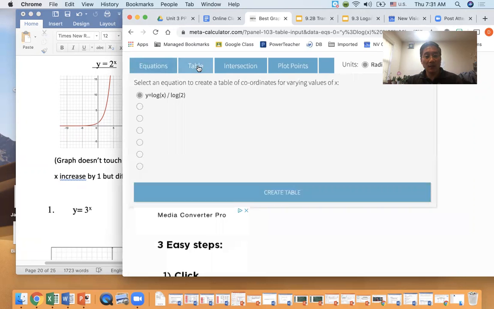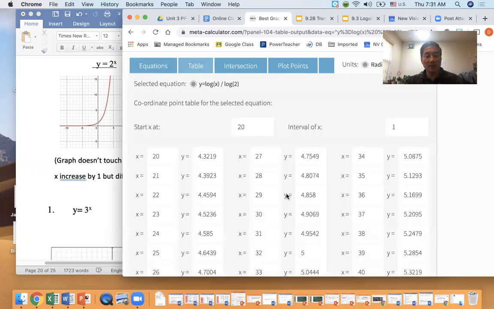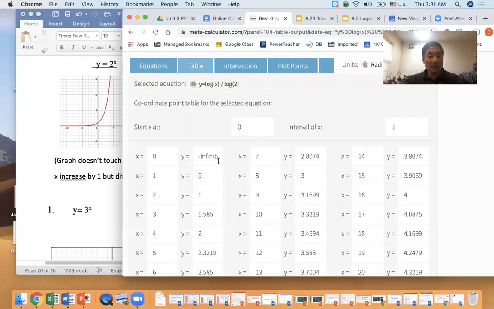Let's see the table first. Create the table. It's from 20, but let's go to 0. And at 0, it's not negative infinity, it doesn't exist actually. It should be error.